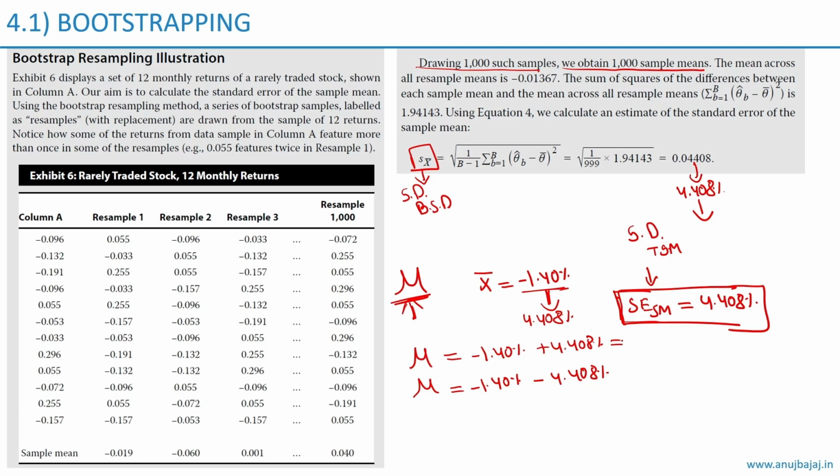So our population mean could either be 3.008% or negative 5.80%. This is how we use the standard error of the sample mean to make inferences about the population mean, and this is how we use the bootstrap sampling distribution to find the standard error of the sample mean.